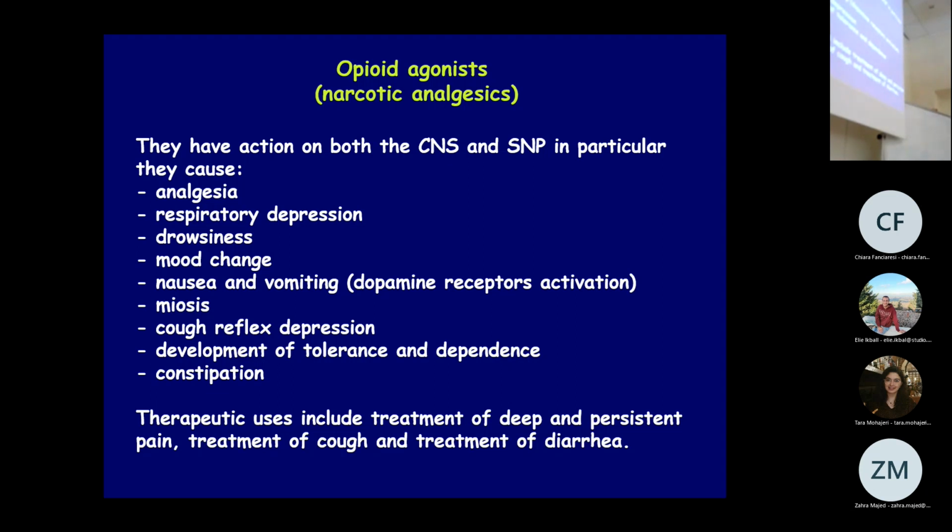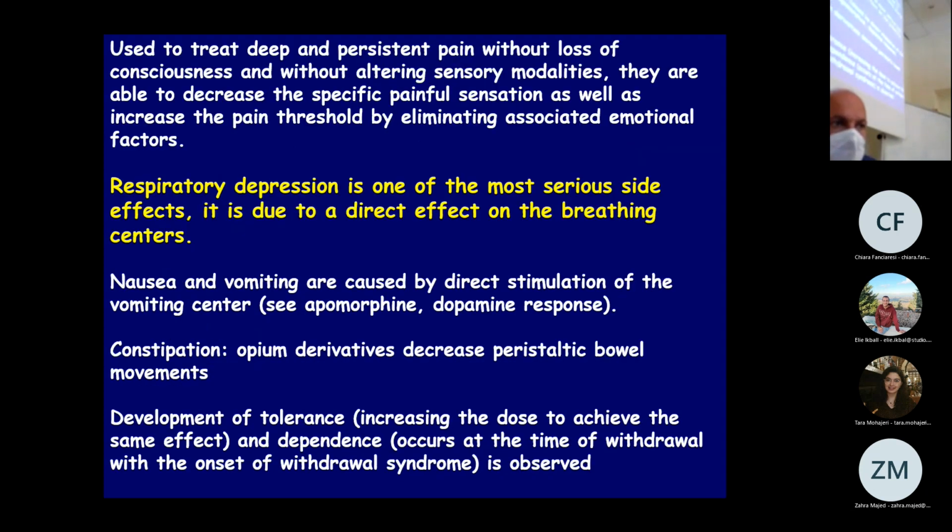So the therapeutic uses include the treatment of deep and persistent pain, chronic pain, first, and then treatment of cough and treatment of diarrhea. These are the three main therapeutic indications of this class of compounds. But we have to pay the fee.